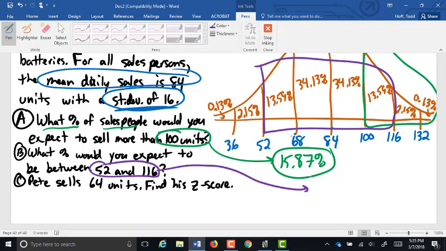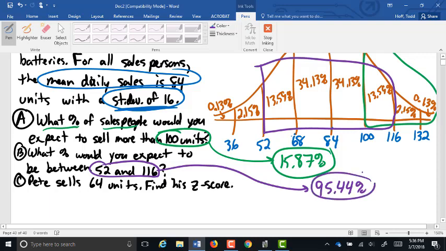If I add those all up, we get 95.44%. So I would expect 95.44% of all salespeople to sell between 52 and 116 units on any given day.